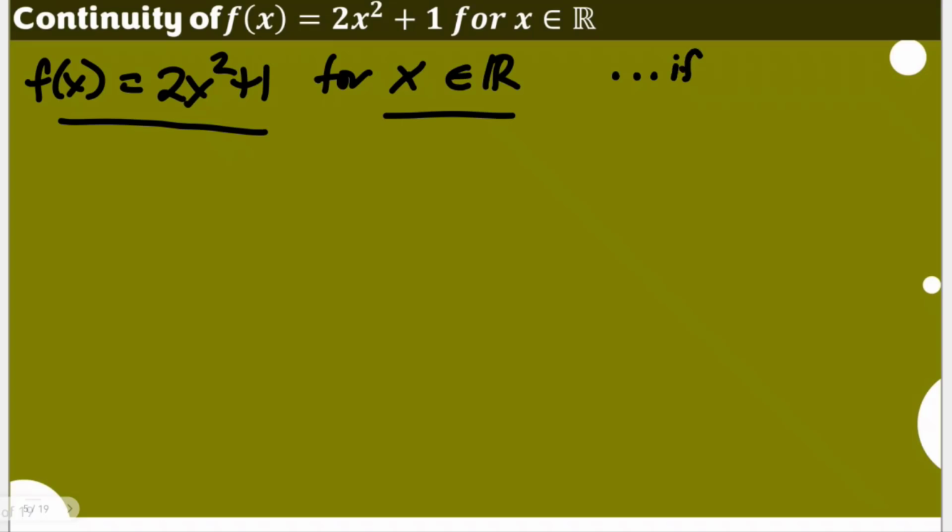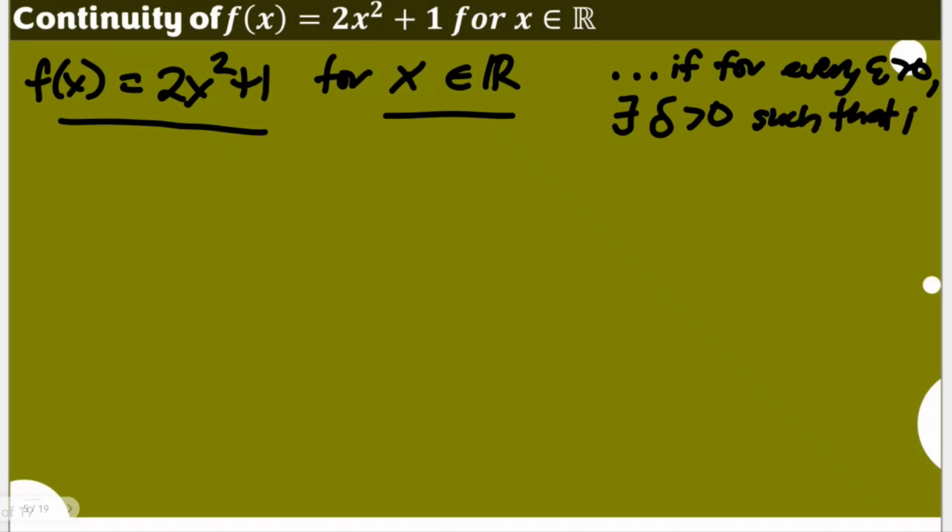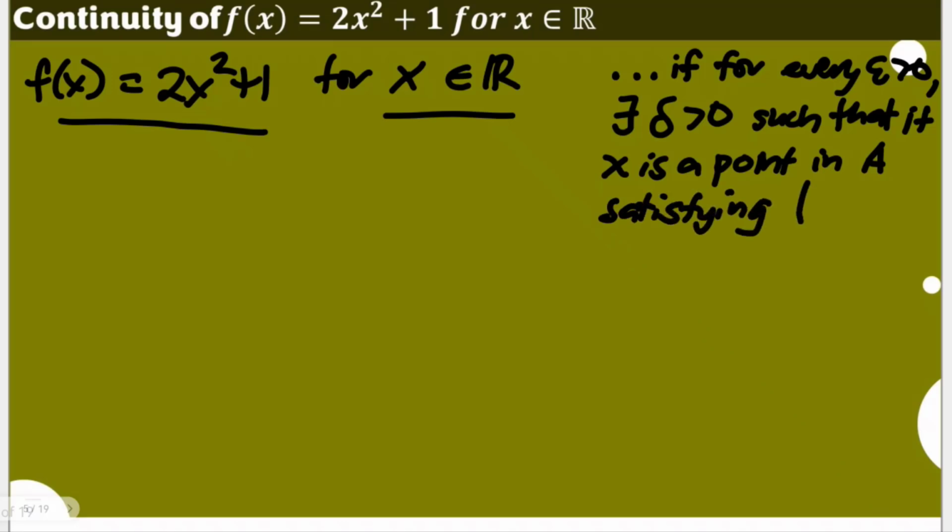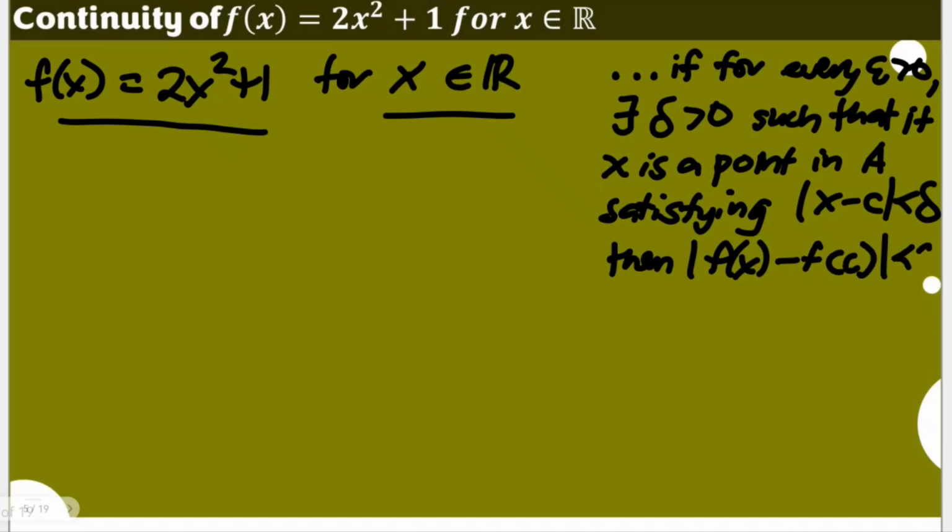So we have here, for every epsilon greater than 0, there exists delta greater than 0, such that if x is a point in A satisfying this inequality, the distance of x and c is less than delta, then the absolute value of f of x minus f of c must be less than epsilon. So we would like to show this here.